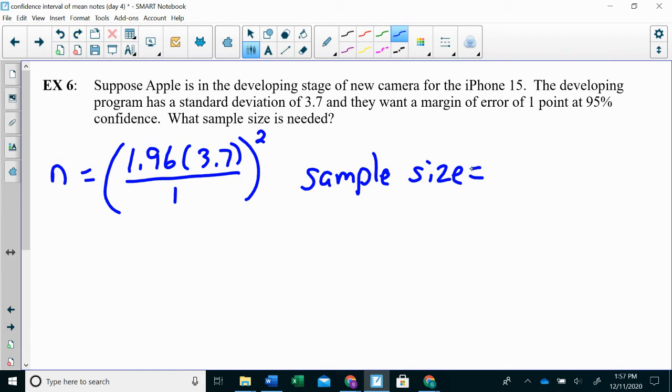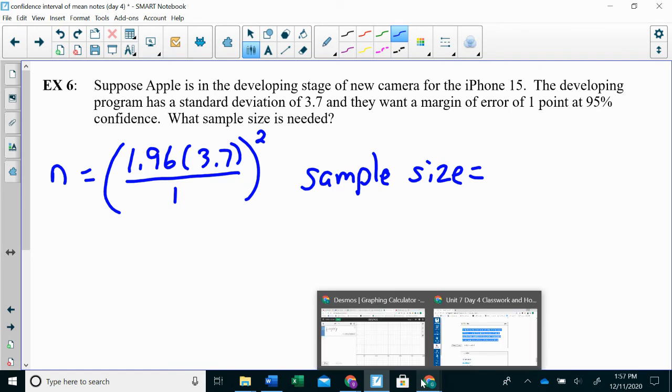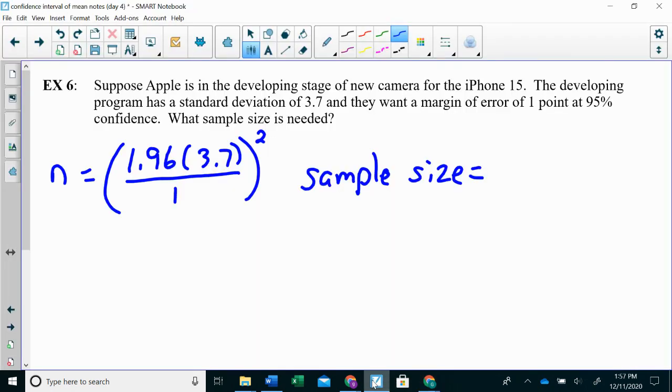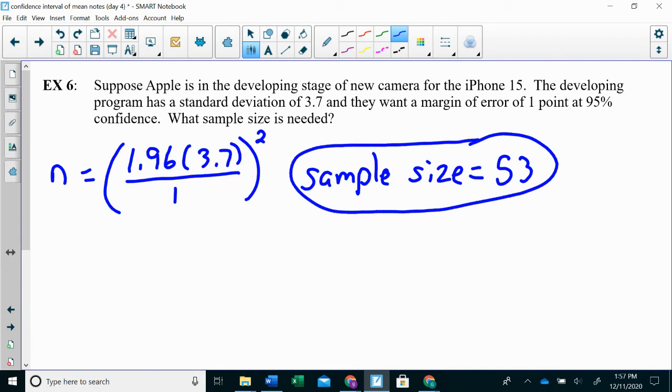So their sample size that they need to use to create this situation, 1.96 times 3.7 divided by 1 squared, should be pretty straightforward. 1.96 times 3.7 divided by 1 and then squared, 52.59. I'm going to round that up to 53. So they need a sample size of 53 to accomplish what they want to accomplish.